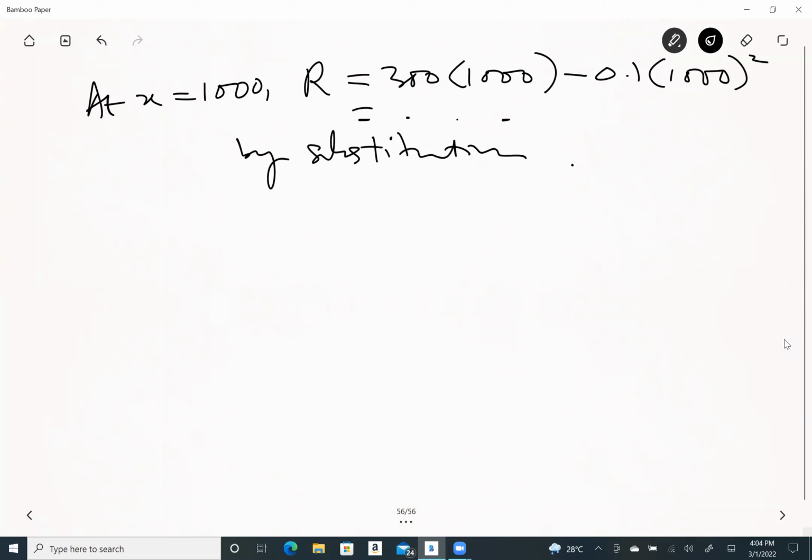Of course, you can see here, at x equal to 1,000, substitute into R, you get the answer. So my method is substitution. We learned this from the beginning, chapter 1, 2, 3, up to now, we still do substitution. That is one of the most common words that we use in the course, substitute. So that is the way. And then you get the revenue by selling 1,000 units of that.